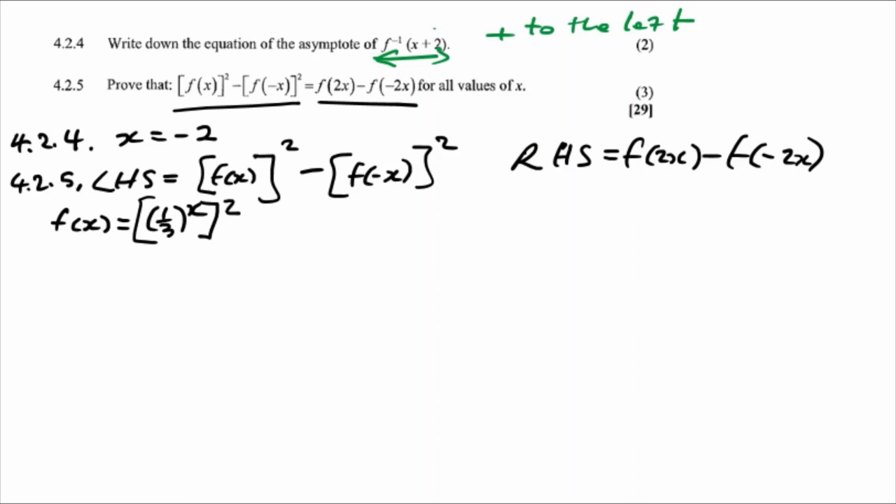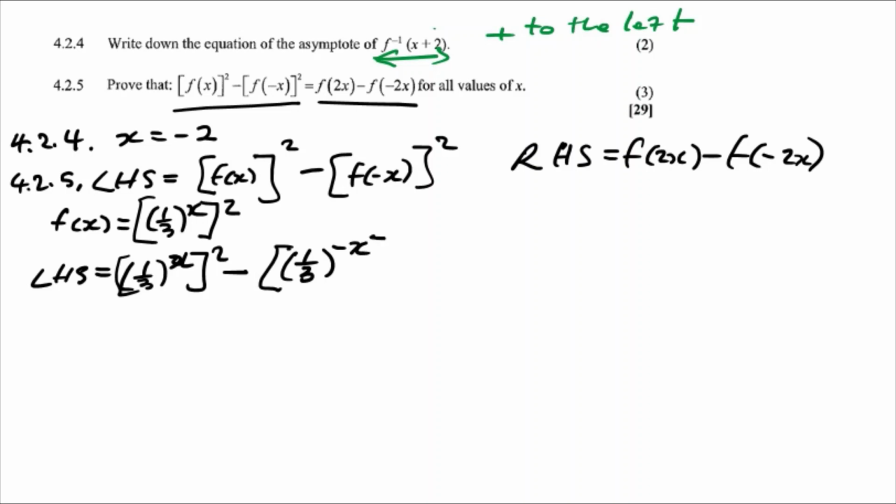Now if you square f of x, we'll have that the left hand side is equal to 1 over 3 to the exponent x, squared, minus, then we have now a different function, which is f of negative x. Now f of negative x is going to be 1 over 3, and instead of x we're going to put negative x, and we square it.